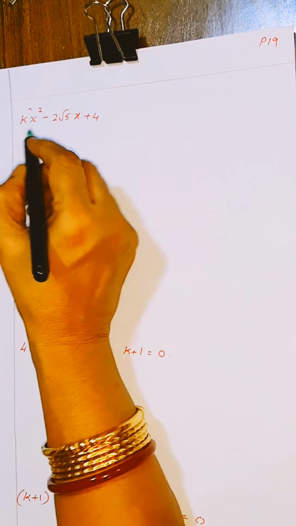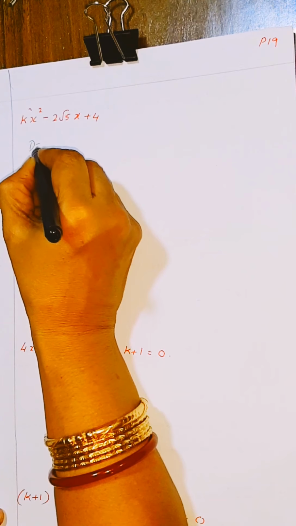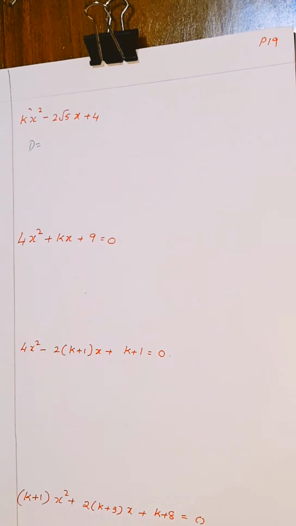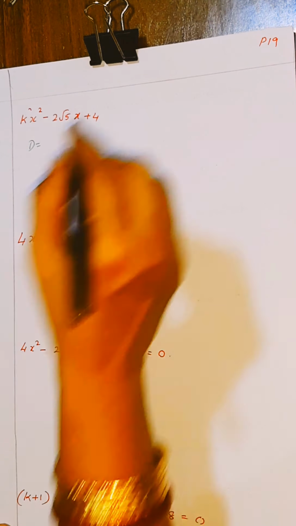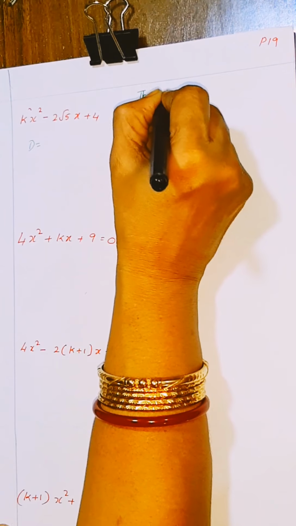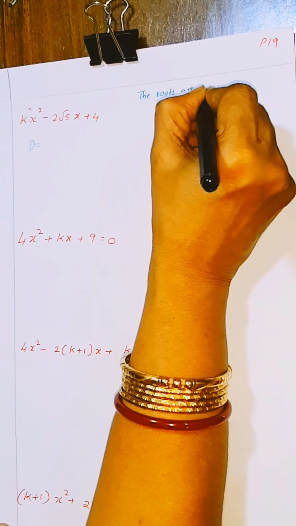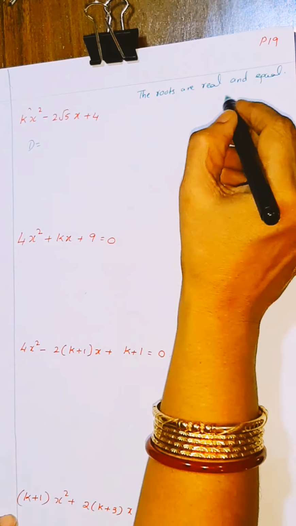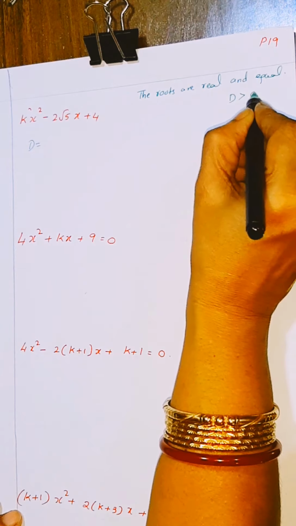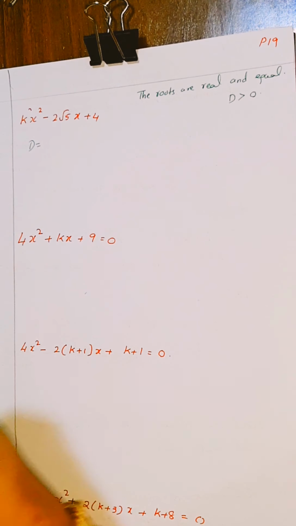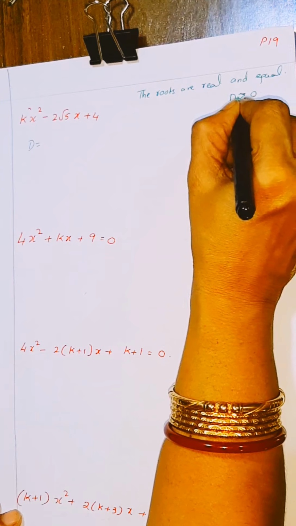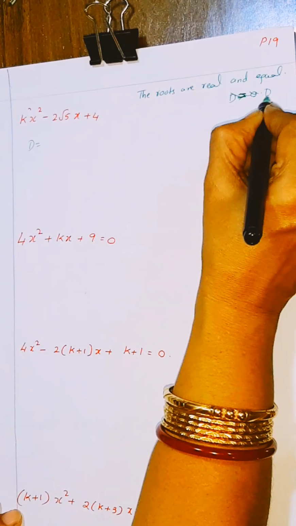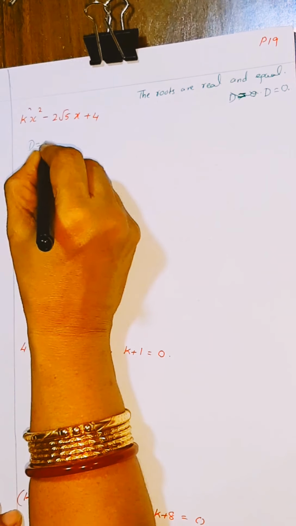Now here again, it is given the roots are real and equal. If the roots are real and equal, then D is equal to 0.